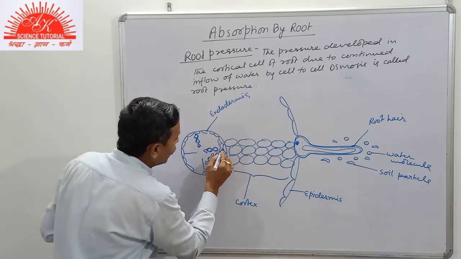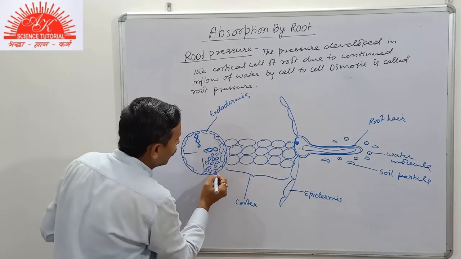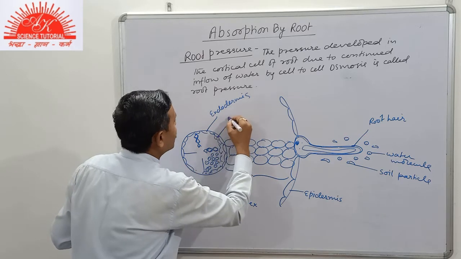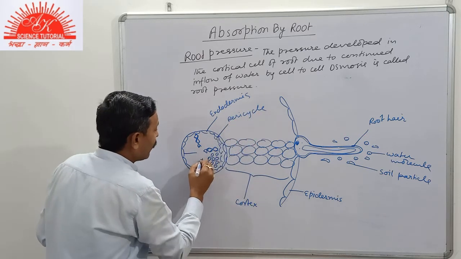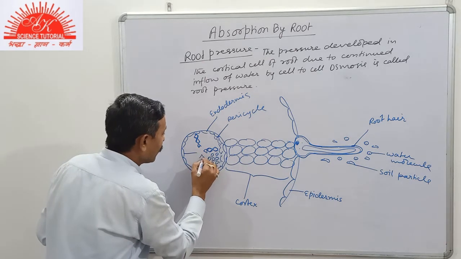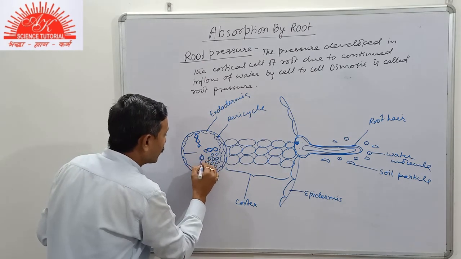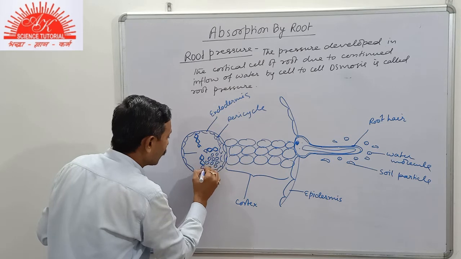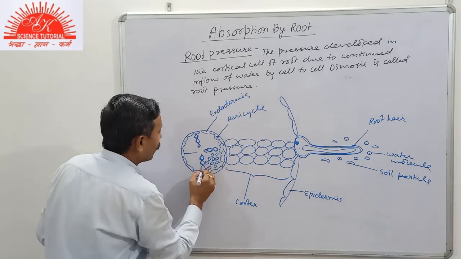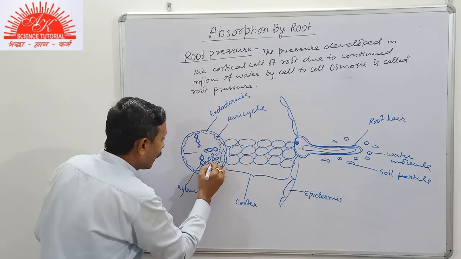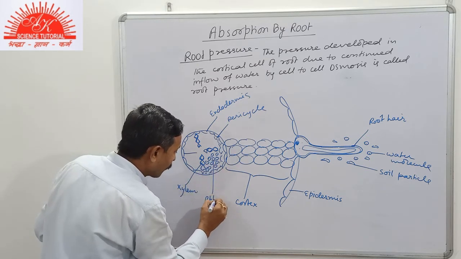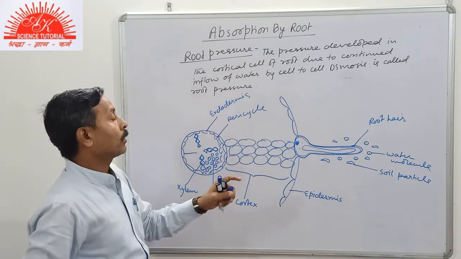Inside it there is the pericycle. Now suppose again we draw these thick walled cells: this is the xylem and this is the phloem. So how does root pressure develop?